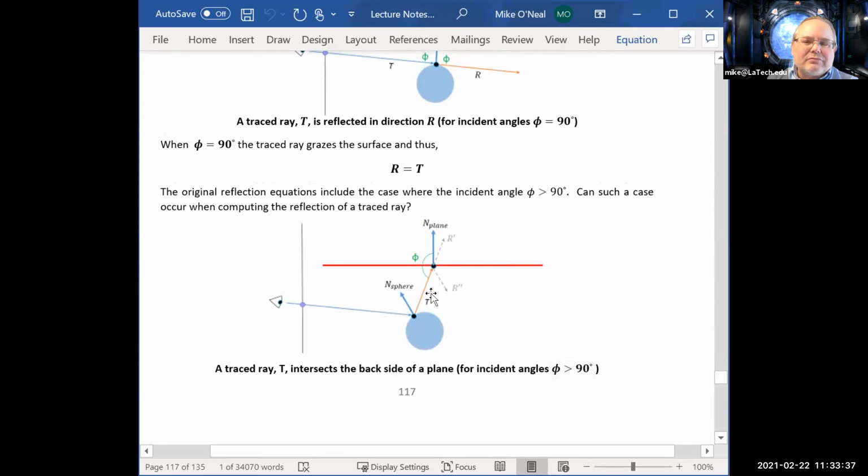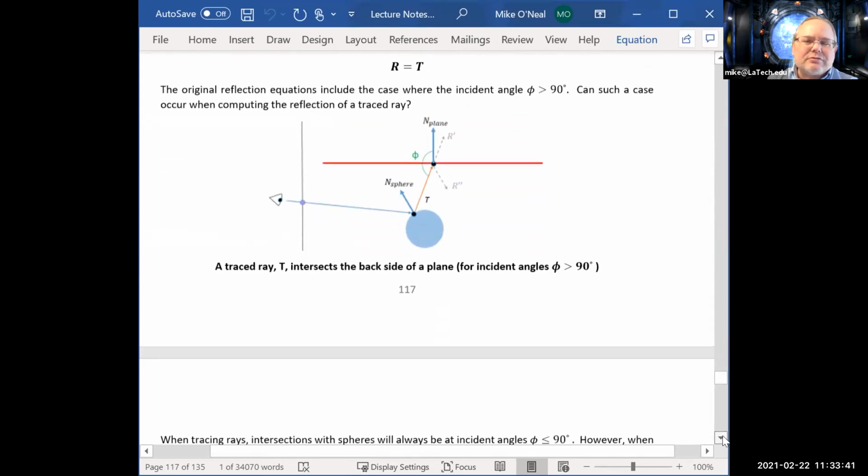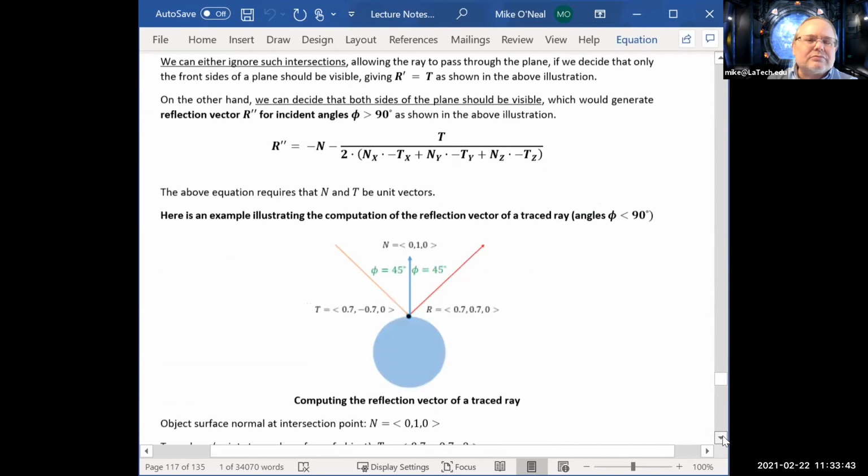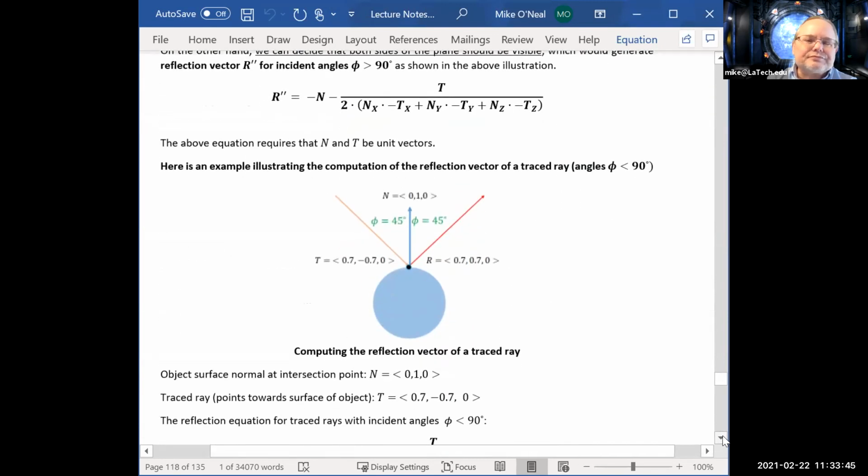So phi is greater than 90 degrees here, and you've got a bounce. And R double prime, again, is the same thing that we did with our lighting equation. It's just that some of the signs get flipped.